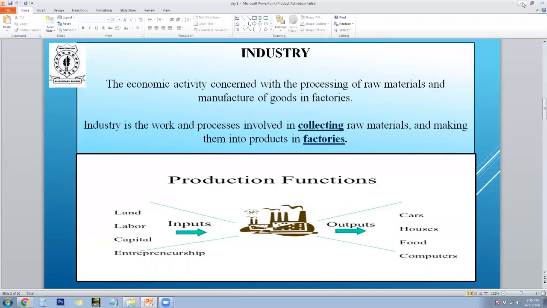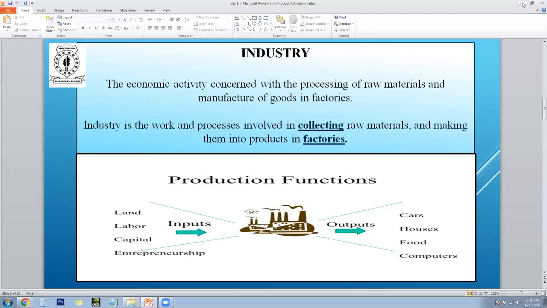Now, what does the word industry mean? Of course, you have already studied the meaning of industry in the junior classes. Let's quickly recall it. It's the processing of raw material into a finished or manufactured product in a factory. And what are the production functions here?